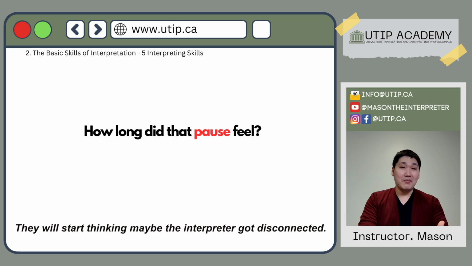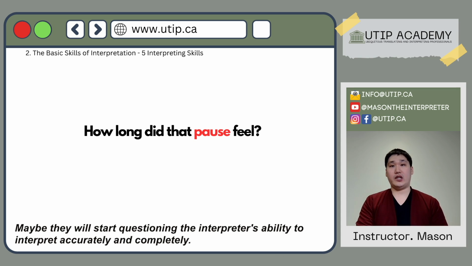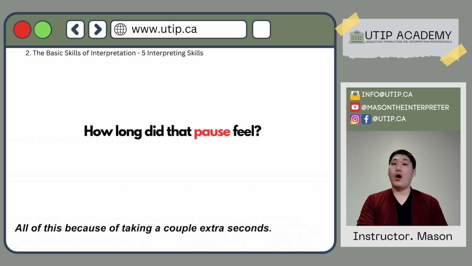They will start thinking maybe the interpreter got disconnected. Maybe they will start thinking the interpreter doesn't know how to interpret things. Maybe they will start questioning the interpreter's ability to interpret accurately and completely. All of this because of taking a couple extra seconds.